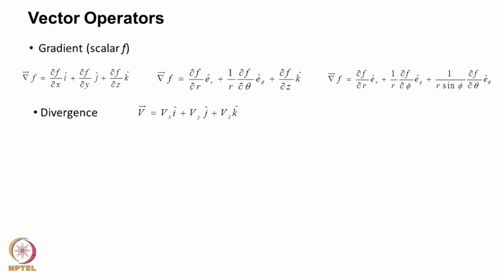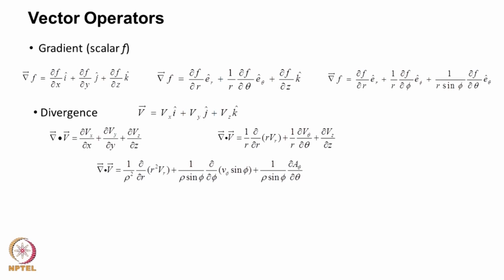Then another important operation is divergence. If you define a velocity vector with components and corresponding unit vectors as Vx i plus Vy j plus Vz k, then divergence is defined as del dot V equal to dou Vx by dou x plus dou Vy by dou y plus dou Vz by dou z.